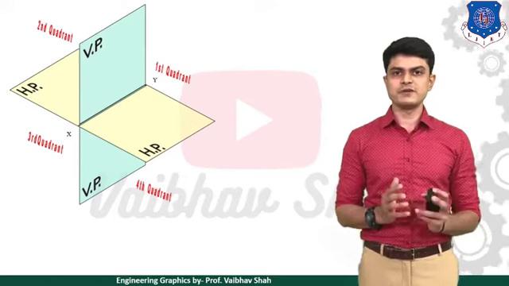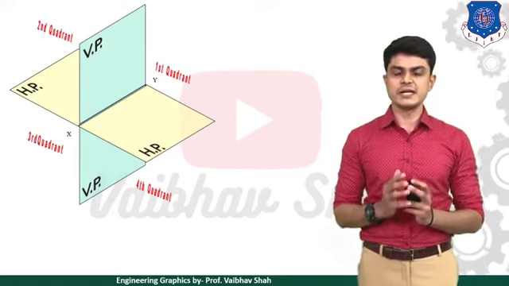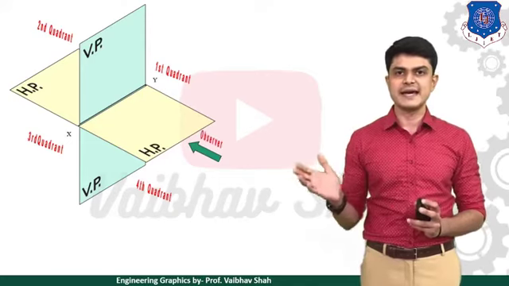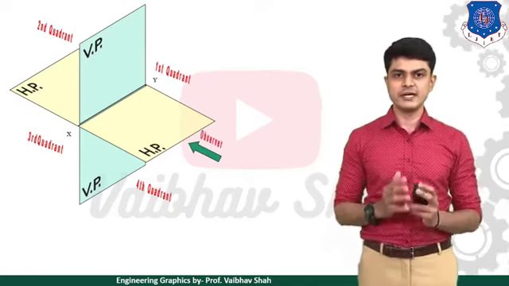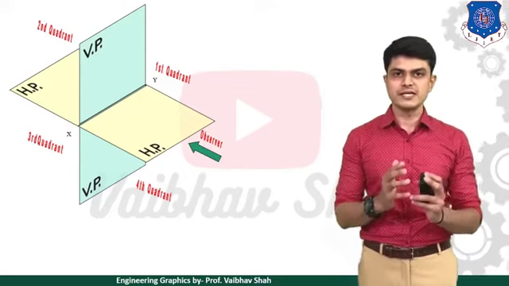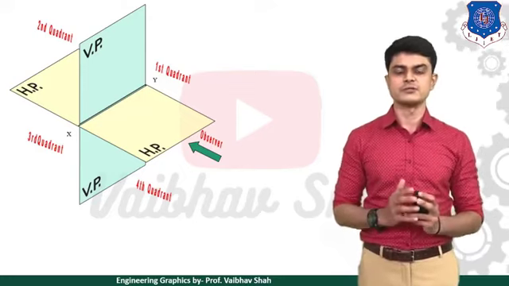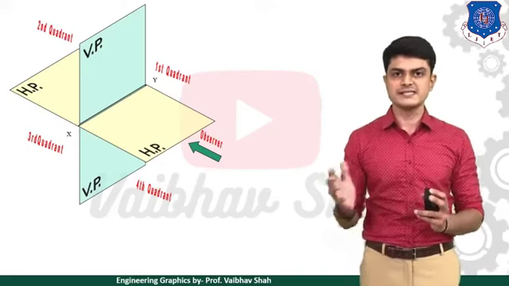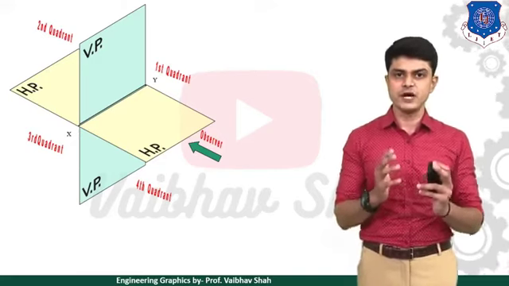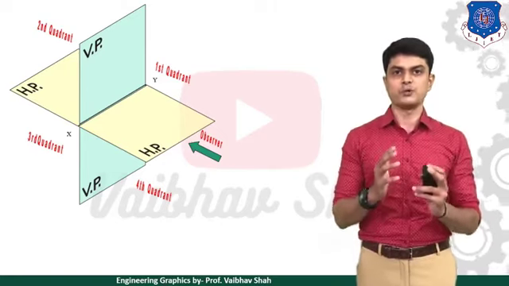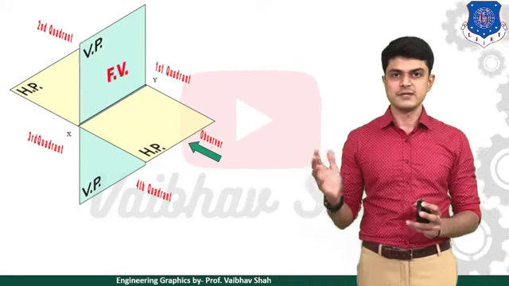Let us suppose we put an object into the first quadrant and observe that object from this direction, then we get its front view. Front view means we are observing that object from the front direction. If we observe the object from this direction, we get this front view on the vertical plane like this.